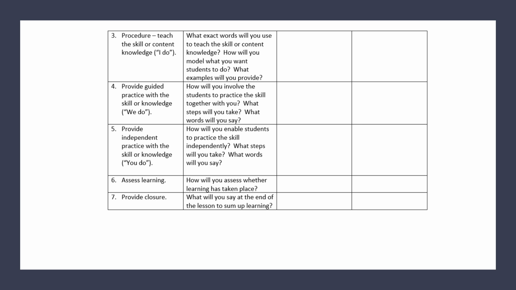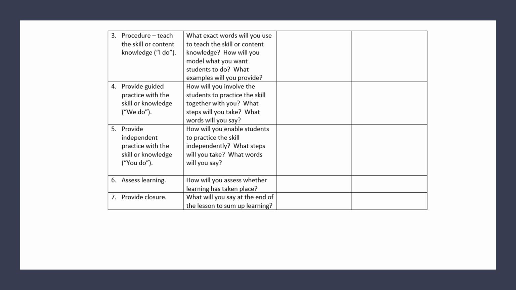Finally, number 7 is provide closure. What will you say at the end of the lesson to sum up learning? So this is usually where we close a lesson and provide a summary. In my seashell lesson, I might say, in conclusion, class, we've learned today that you can identify seashells by 3 traits: by the size, by the color, and the shape, or something like that.